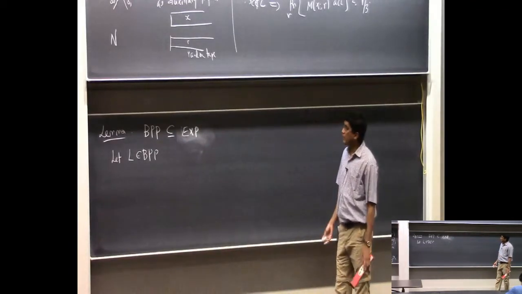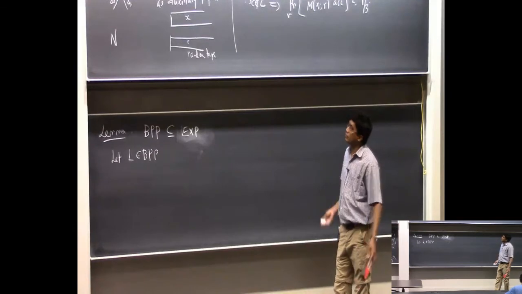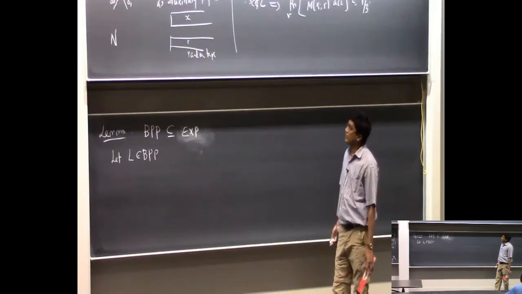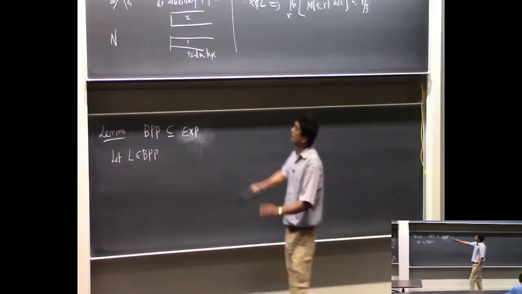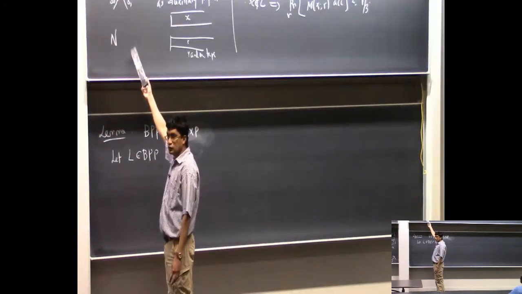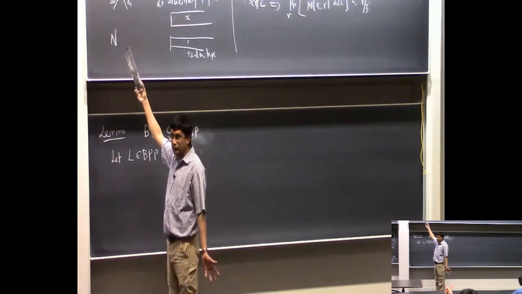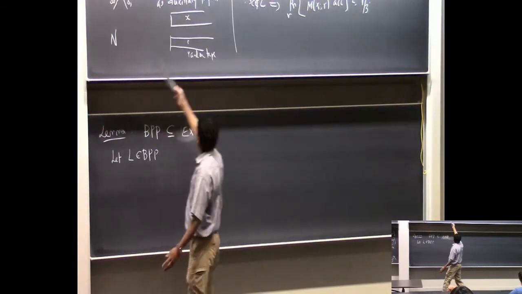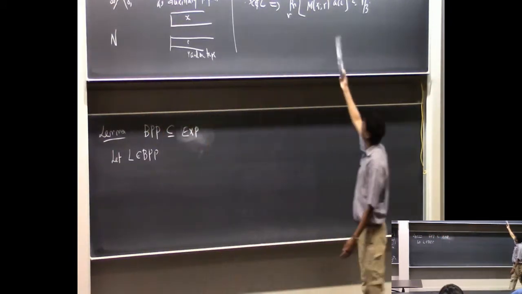So why is that? Why can you solve a probabilistic polynomial time language in exponential time? There are 2 views. In the tree view, you can simply say, well, this tree is only polynomially deep, so you can literally explore the entire tree. But in this view also, it's kind of very obvious what you should do.